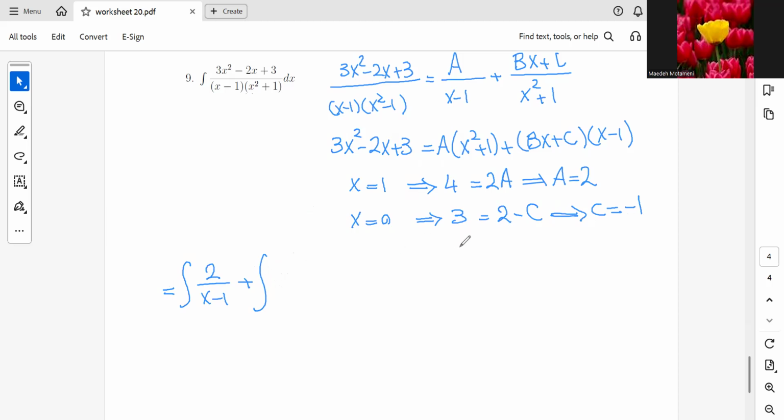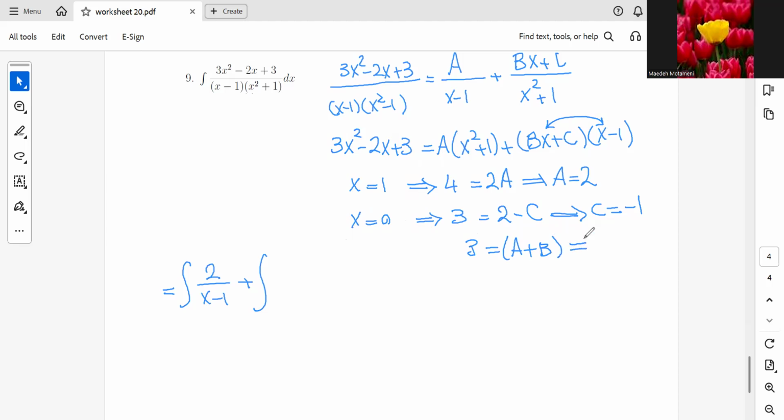Okay, we didn't find b yet. So we know that for all these, we can plug in numbers, or you can say since the coefficient of x squared on the left side is 3, and that of the right side, if you multiply these together, and also you have a here, will be a plus b.